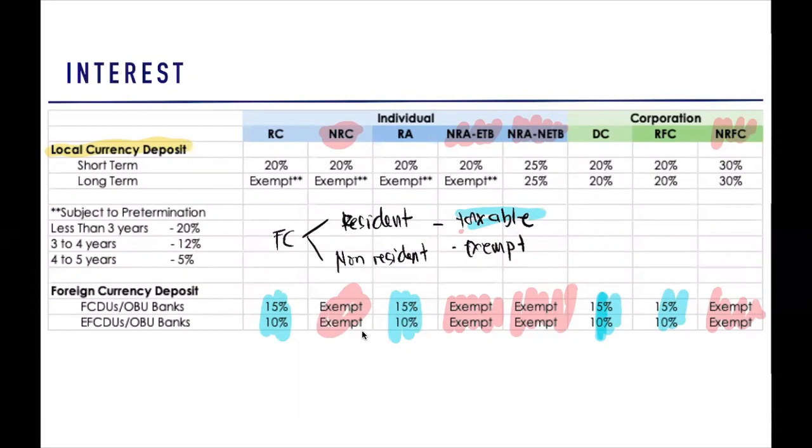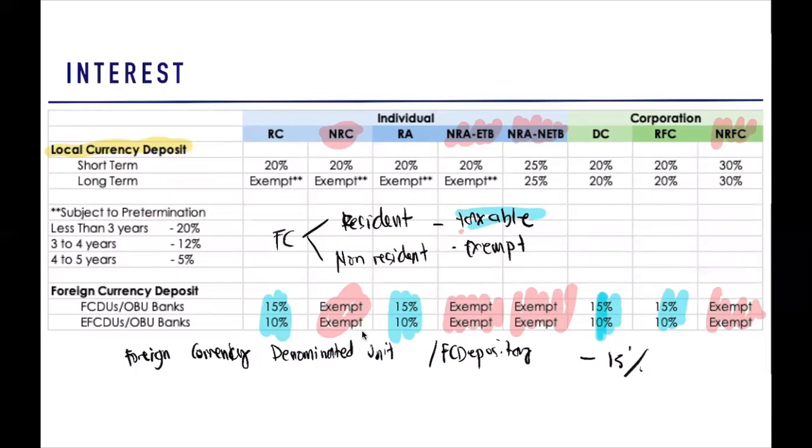So if it is purely a foreign currency denominated unit or foreign currency depository, 15%, 15%. But if that is an expanded foreign currency, it is subject to 10%. Okay? It is subject to 10%.